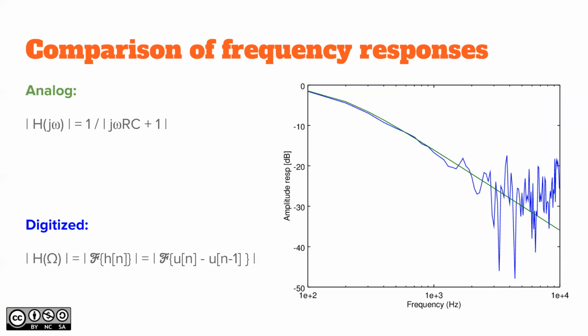I got the h of n, and it gives me quite nice, similar amplitude response as my analog system, up to almost 20 kilohertz. Then it hits the noise floor.